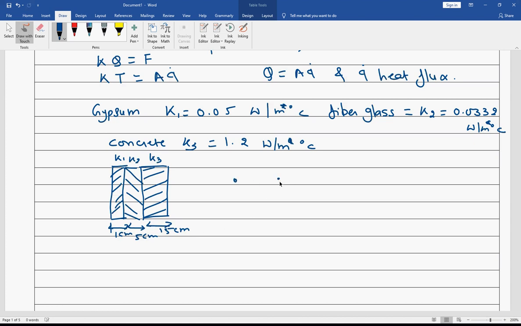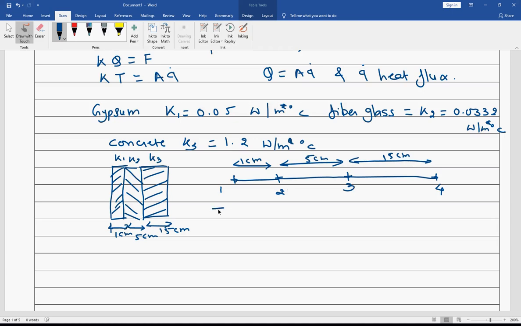I can consider these my limits. So this is node 1, node 2, node 3, and node 4. This distance is 1 centimeter, this is 5 centimeter, and this is 15 centimeter.